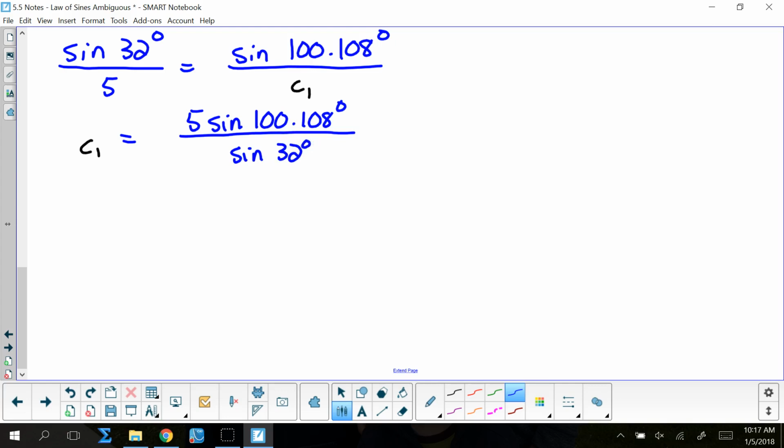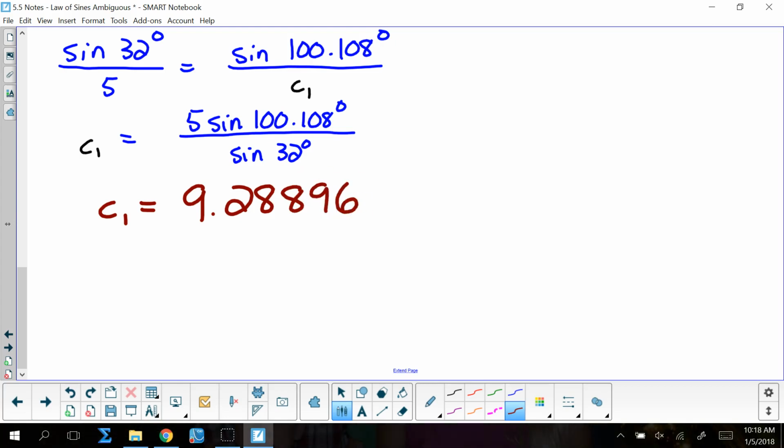Side C sub 1 is 9.28896. Yours might be a little off, depending on if you rounded earlier.